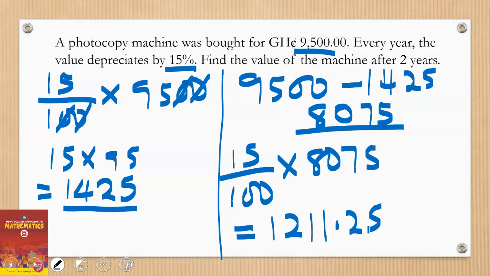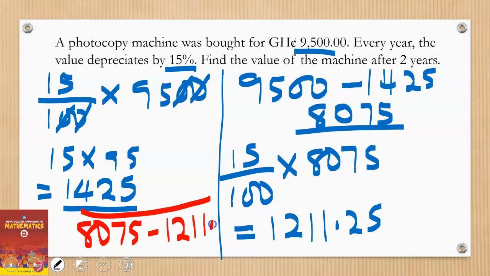That is the amount that will be subtracted from the 8,075. So if I want to know how much I will sell this machine for after 2 years, I will do 8,075 minus 1,211.25. Let me write here because I don't have space.